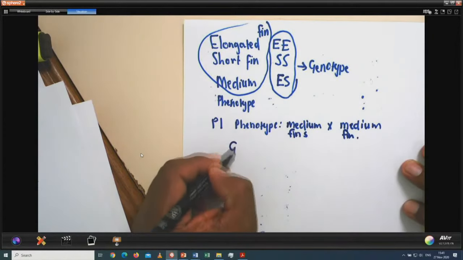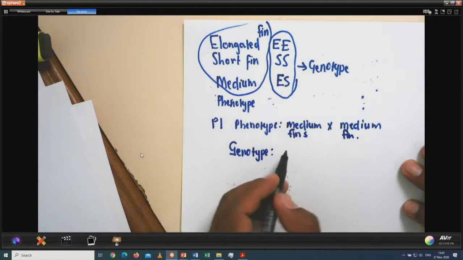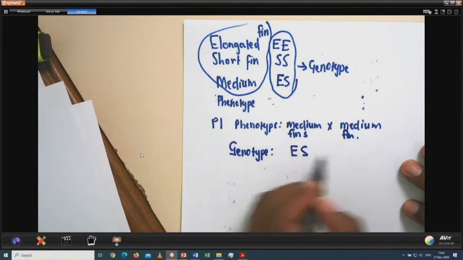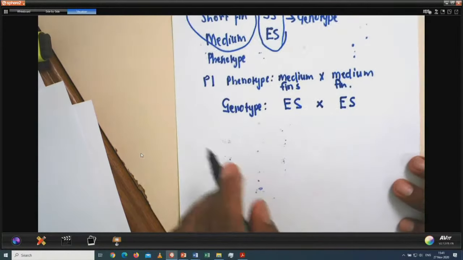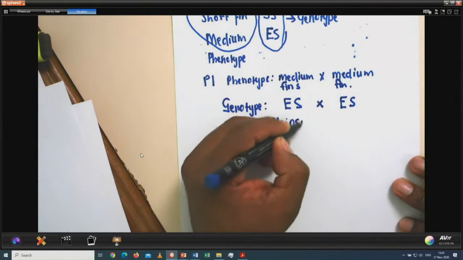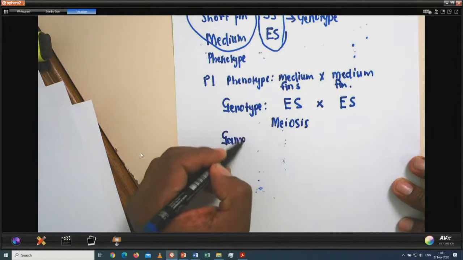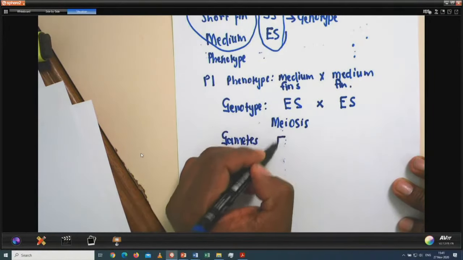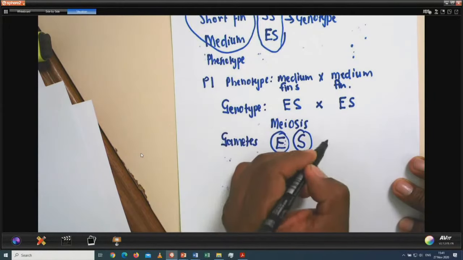The genotype is ES, and we're crossing it with ES. Then meiosis occurs, which forms gametes. We have our E there, and S, crossing.